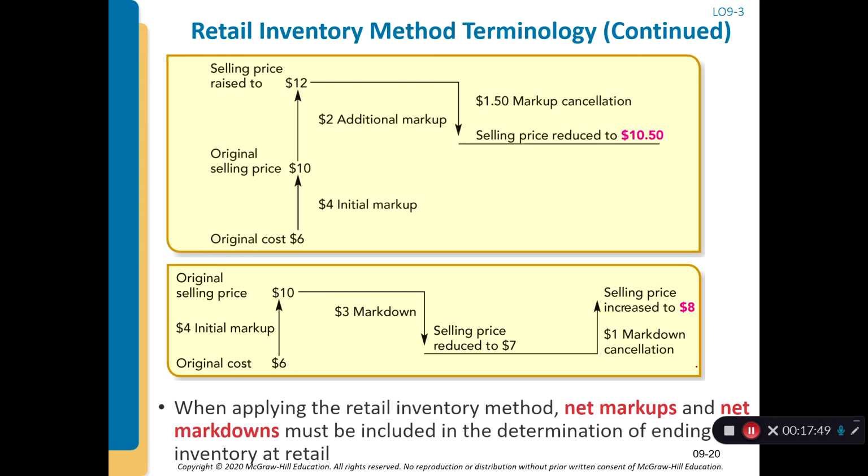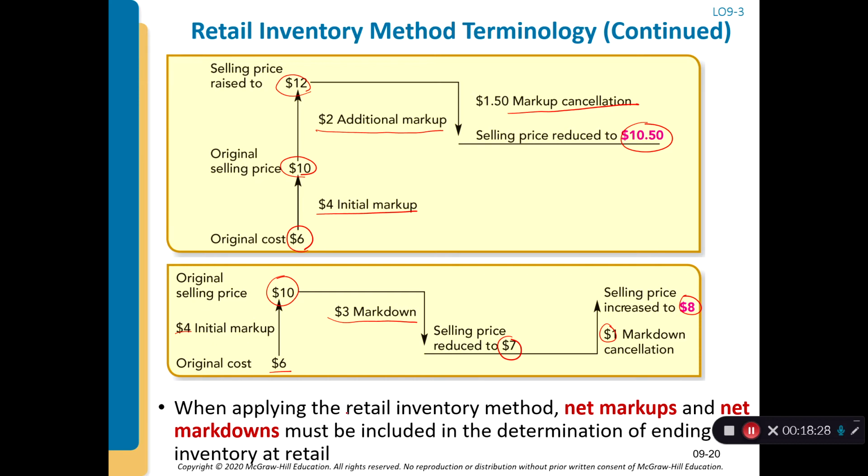For example, if the original cost is $6, you can give it an initial markup of 4, and then the original selling price becomes 10, and then you can give an additional markup of $2 and push the selling price to $12. Then you can say I want to cancel a markup of $1.5 and reduce the selling price to $10.50. Or the original cost is 6 and the initial markup is 4 and the selling price is 10, but there's a markdown of $3, reducing the selling price to 7, and then you can cancel the markdown of $1, and the selling price increases to 8.